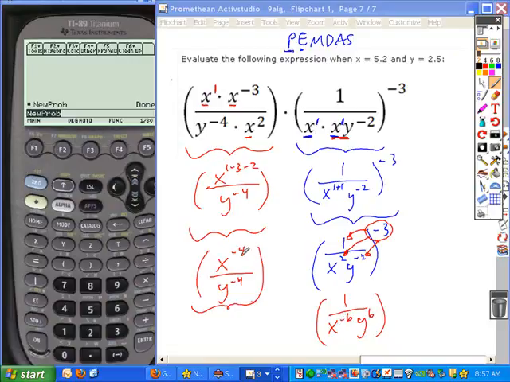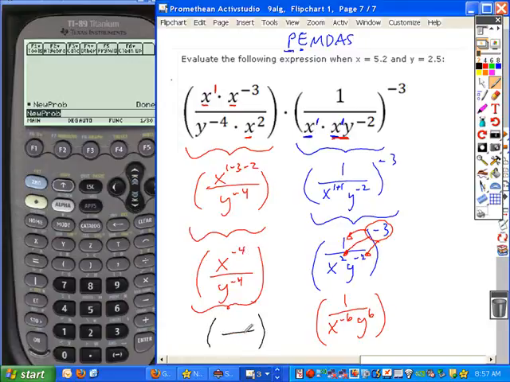You can approach this several different ways. If you're doing it by hand, it may be easiest to turn everything into a positive power before you simplify. So x to the minus 4 can be rewritten: put the x in the denominator, change its power. Y to the minus 4 can be rewritten: move the base y to the numerator, change its power. And then here, same thing. The x's have a negative power, so we can move them up. The y has a positive power, so we can keep it where it was in the denominator.